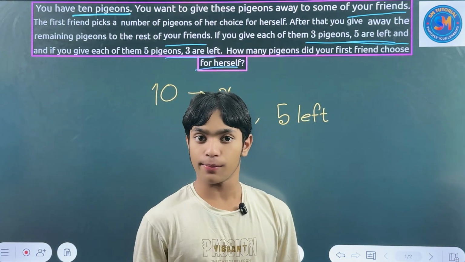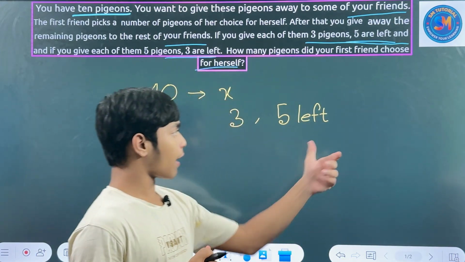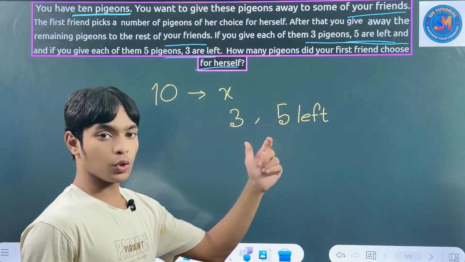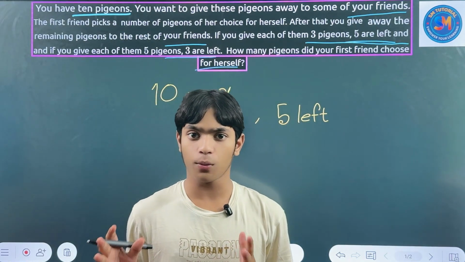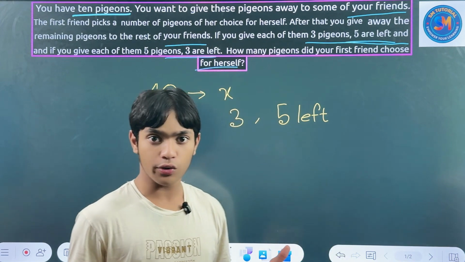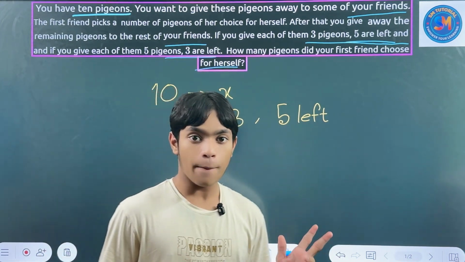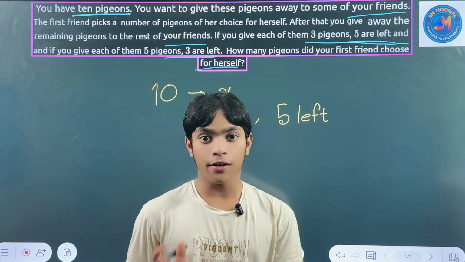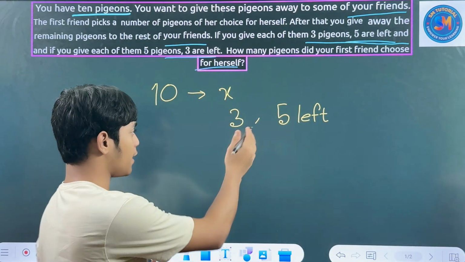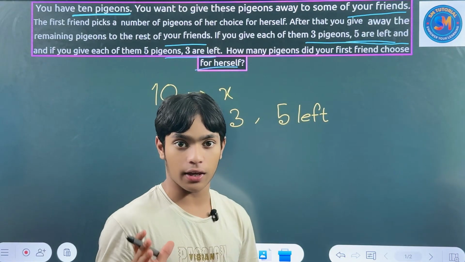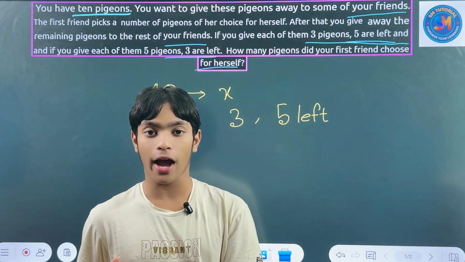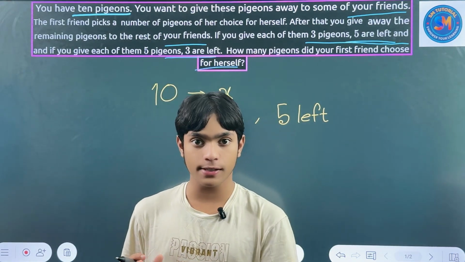What does this mean? 5 left means you gave them 3. So how many friends were there? Of course, 1 friend besides the first, total is 2, because if you give them 3, then you have 5 peasants left.